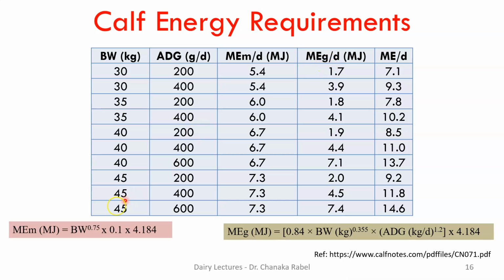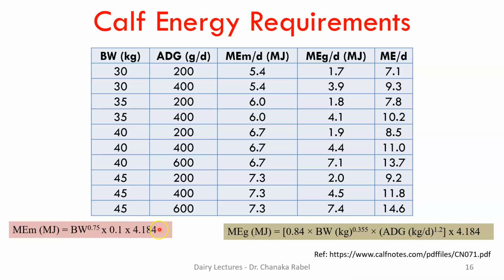And so there are formulas to calculate that. Metabolizable energy for maintenance, in megajoules, equals body weight to the power of 0.75 times 0.1, or divided by 10, times 4.184 to convert megacalories to megajoules. If you do this calculation only, you will get your answer in megacalories.